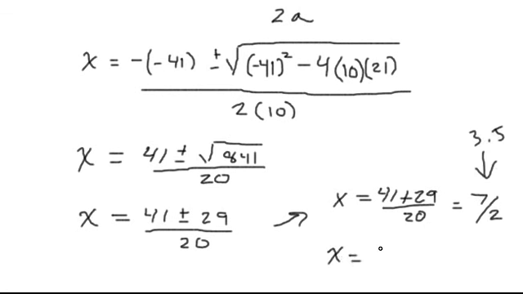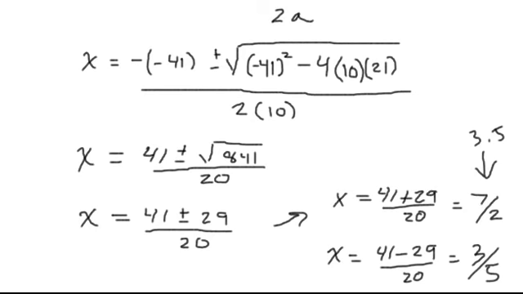And then we have x is equal to 41 minus 29 over 20. And that's going to end up being 0.6, or we would say 3/5. And I think we looked at the graph earlier on that, and that's what we've seen. So here's the two solutions to those equations.